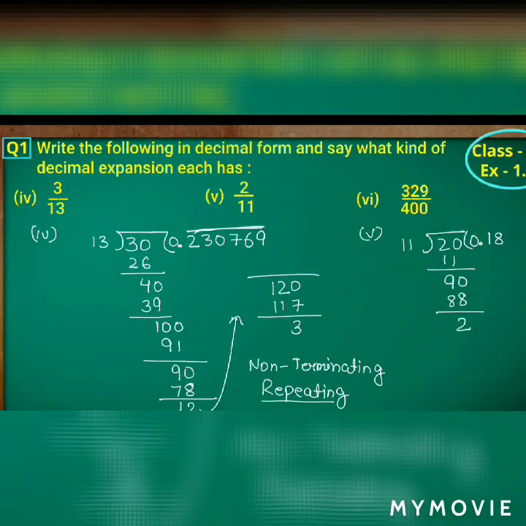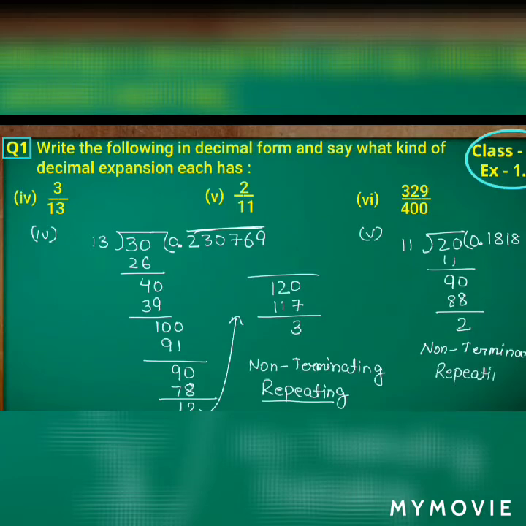Isn't it? So if we observe, again we got the remainder 2. Again we have to start with step 1. Anyways, we were having the dividend 2 here, and again we got the remainder also 2. So we have to start with the same and continue. If you observe, we are going to have repeating values. So it is said to be a non-terminating, repeating or recurring decimal, isn't it?